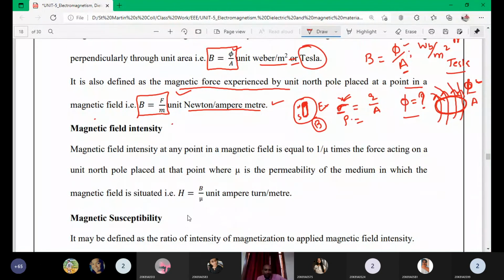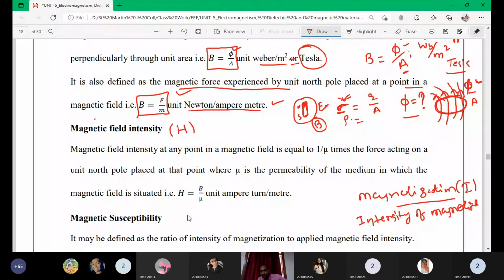Next one, magnetic field intensity. Magnetic field intensity you can define as H. And magnetization we have discussed, right? Magnetization, or intensity of magnetization, is given by the term I. Here magnetic field intensity is given by H. How will you define this one?